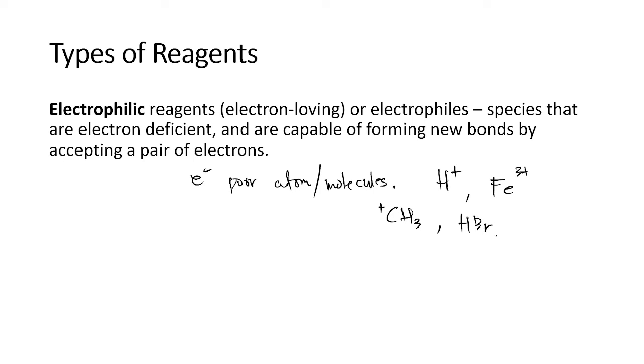Okay. Also, our ferric or iron 3 bromide, and also our aluminum chloride. Alright. So here are some of the electron poor reagents that we have.